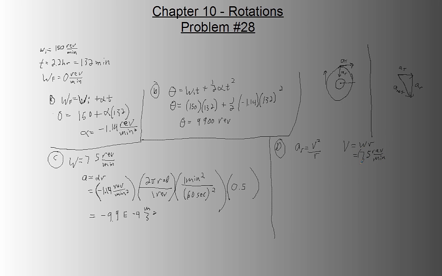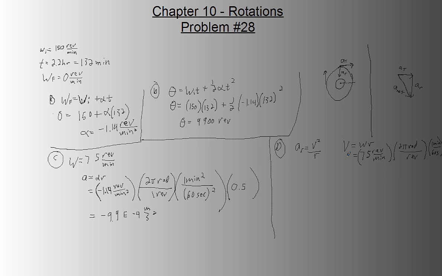And we have to convert that to 2 pi radians per rev times 1 minute per 60 seconds. And then that's also going to be times the radius.